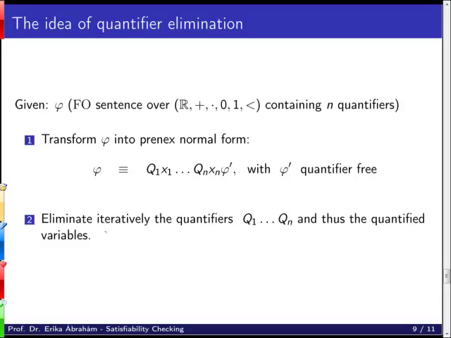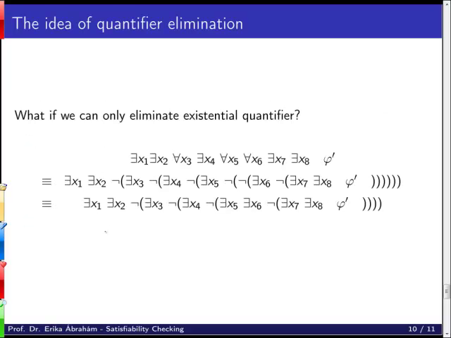such that we get, after eliminating, an equivalent formula which does not contain the eliminated variable anymore, but is equivalent, or for us it is sufficient to be satisfiability equivalent. So first we remark that if we can eliminate existential quantifiers, then it suffices, because if we have also universal quantifiers, we can express them with existential quantifiers, and since we eliminate inside out, this works fine.